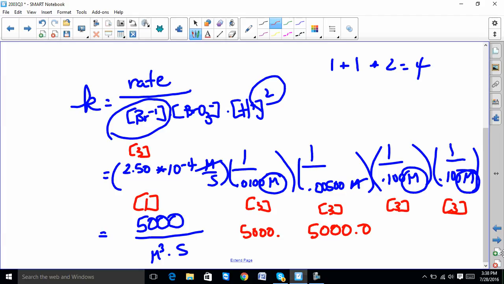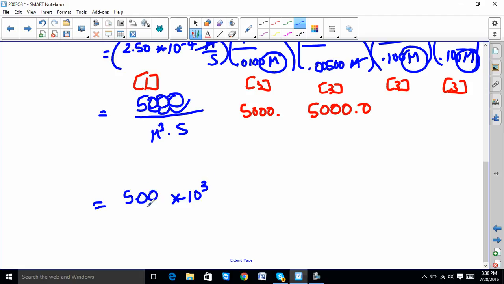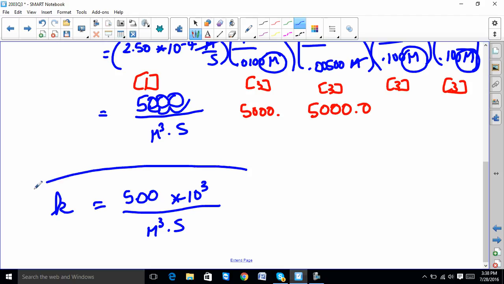So another thing that's tricky about this problem is we have to put it into scientific notation to get 3. So 1, 2, 3. Best answer, 5.00 times 10 to the third, because 5 times 1,000 is 5,000. And then over molarity cubed times seconds, and that's the value of K.